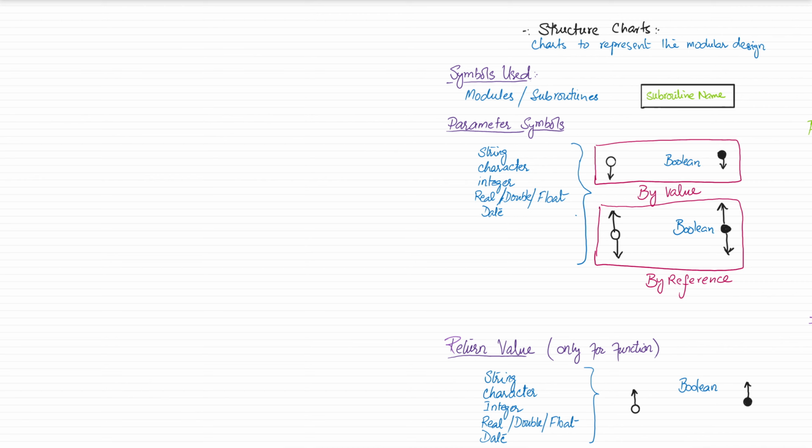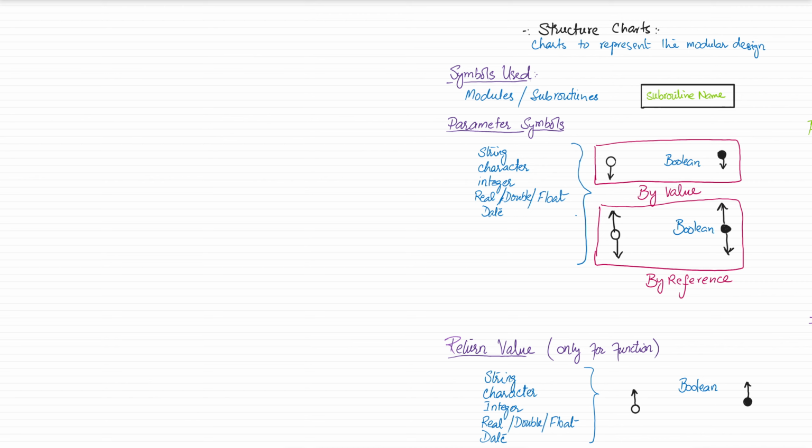Now we know that subroutines can take parameters, right? And there are two types of parameters, either by value or by reference. If the parameter is any data type except Boolean, it will have an empty circle. But if the parameter data type is Boolean, it will be a filled-in circle.